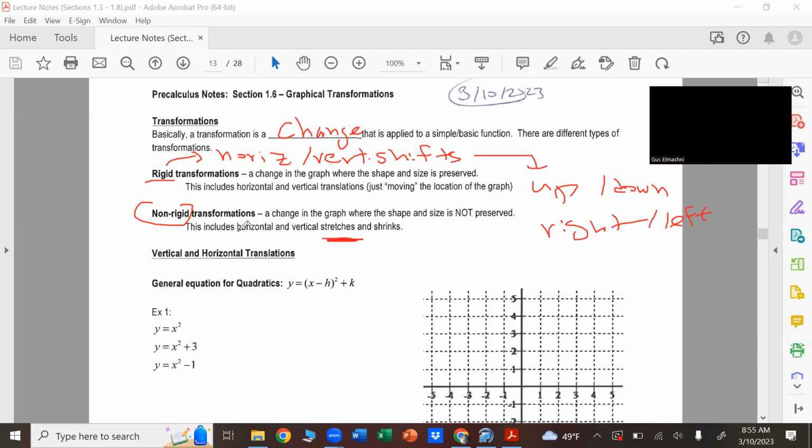So in this case, if it's non-rigid, it might extend on one side. It might stretch or shrink. Okay. So anyway, let's talk about the rigid transformations first.